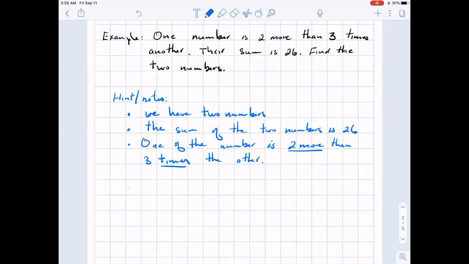So keep in mind we have 2 unknowns. And how do we know we have 2 unknowns? Because we have 2 numbers. Okay?